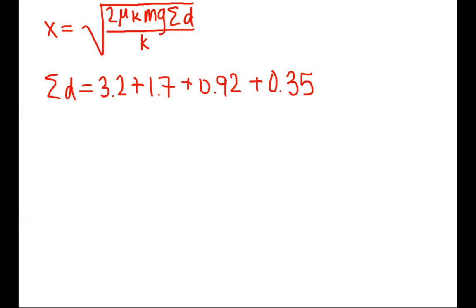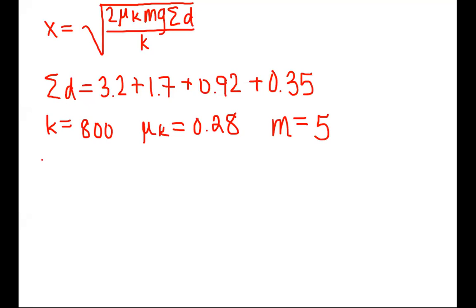So this will be the sum of all of our distances. And we know that K is equal to 800. Mu K is equal to 0.28. And M is equal to 5. And we know that gravity is equal to 9.80.